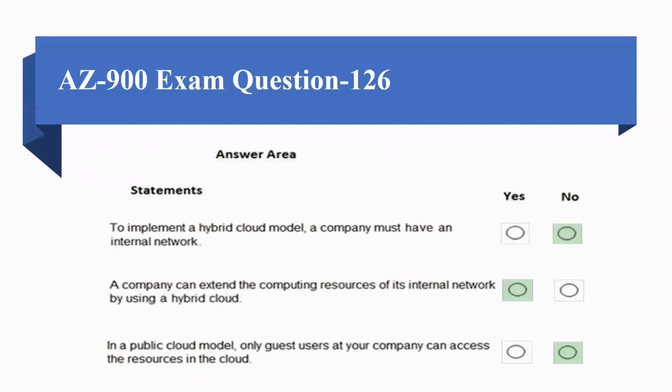And the correct statements would be: to implement a hybrid cloud model, a company must have an internal network. It should be no, because in a hybrid cloud model, public as well as private cloud models are both required. So it should be no. Second statement, a company can extend the computing resources of its internal network by using a hybrid cloud. It should be yes. And option C, in a public cloud model, only guest users at your company can access the resources in the cloud. It should be no, because it is in the public domain, so anyone can access it.